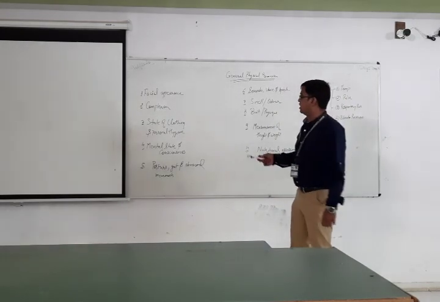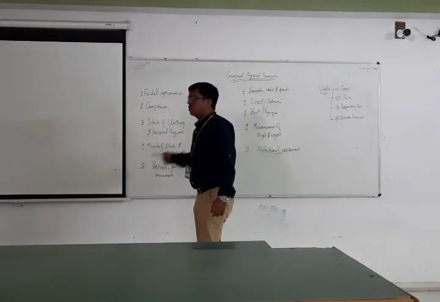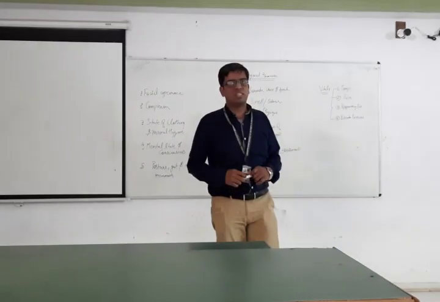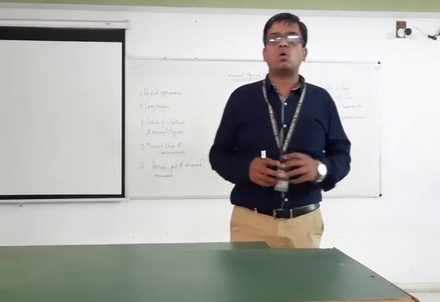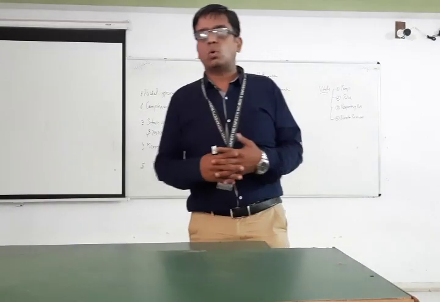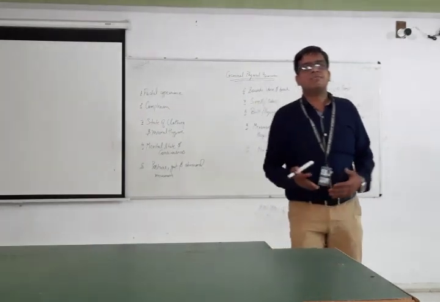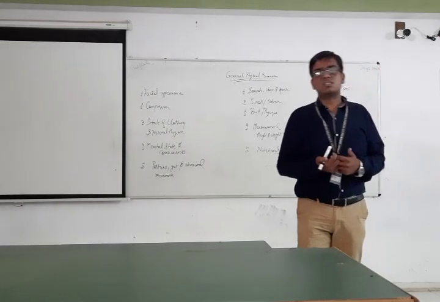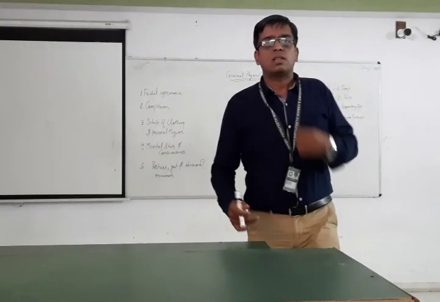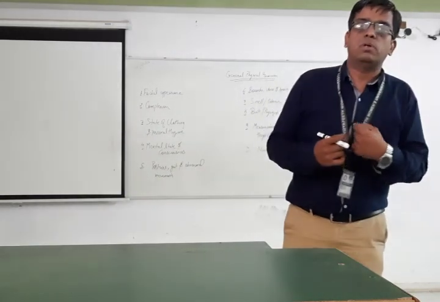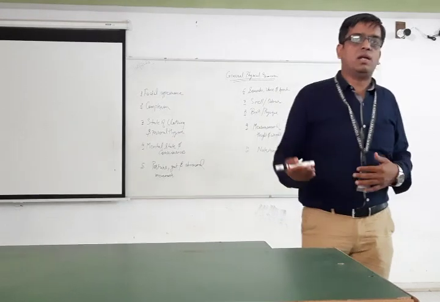The third important thing we observe in a patient is the state of clothing and personal hygiene. Whenever a patient comes to you, you have to observe the clothing, what kind of clothes the patient is wearing. If the patient is mentally disturbed, his clothes will be very dirty, the buttons will not be proper, and there will be soiling of the clothes by stool and urine.